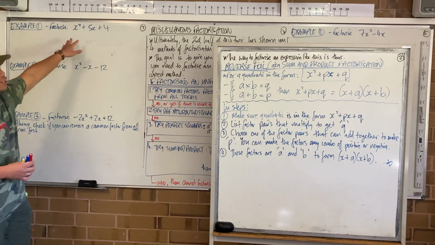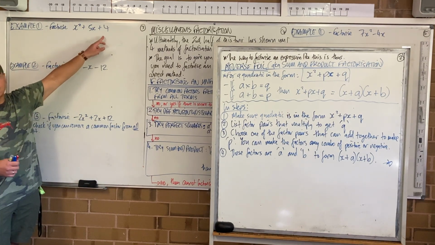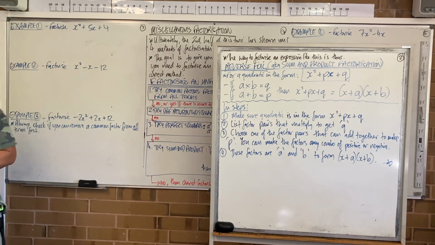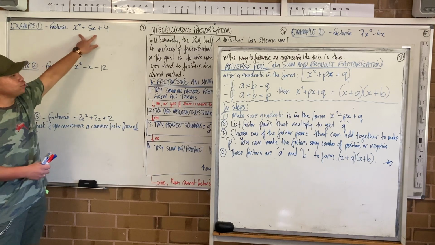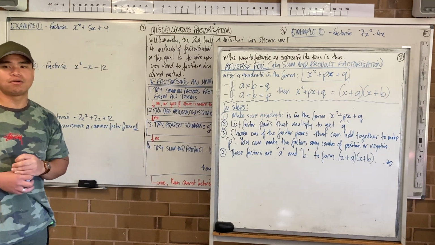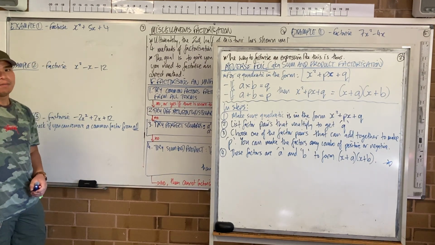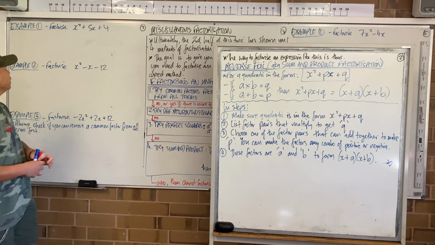Will our previous tools work? Can I factorize this using common factors? Why? Because 4 doesn't have x in it. I can't do a common factor. Is there only 2 terms here? I can't do difference between 2 squares. Is there 3 terms? Yes. But are 2 of them square numbers? This one is.